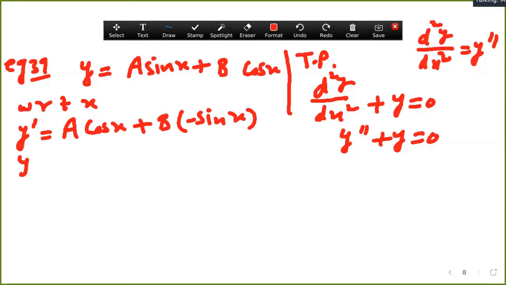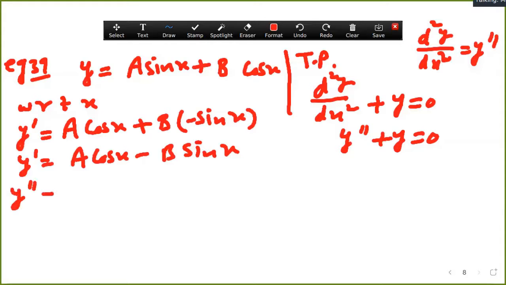Now y dash is a cos x minus b sin x. Now you have to find the second derivative. Again, with respect to x, you have to differentiate. y double dash: a is constant, the derivative of cos x is minus sin x, and minus b sin x gives minus b cos x.